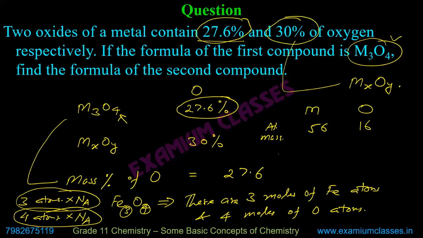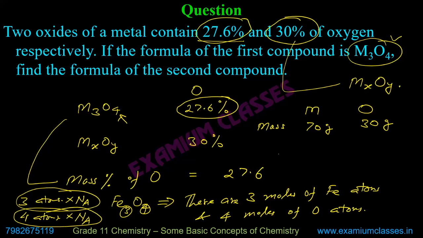For the second one, what is the percentage of oxygen? 30%. It means, first I'm writing mass. Now I'm talking about the compound which we need to find out. If we consider 100 gram, there will be 30 gram oxygen, and 100 minus 30, 70 gram metal.